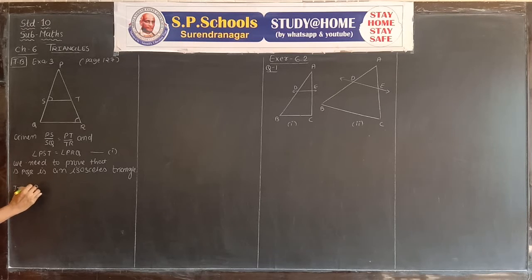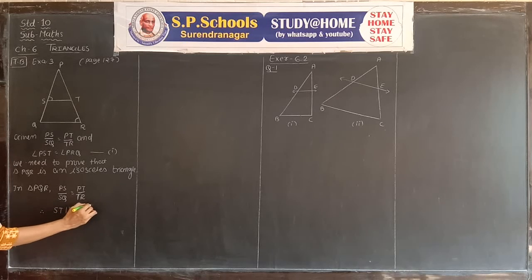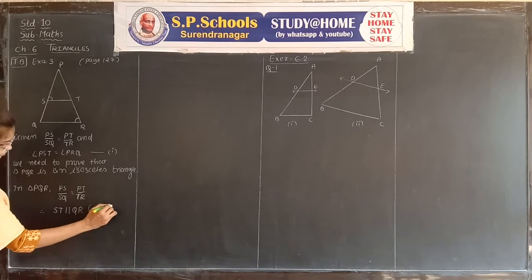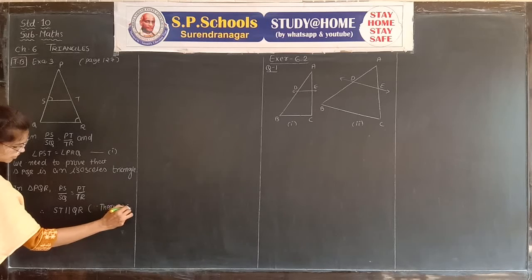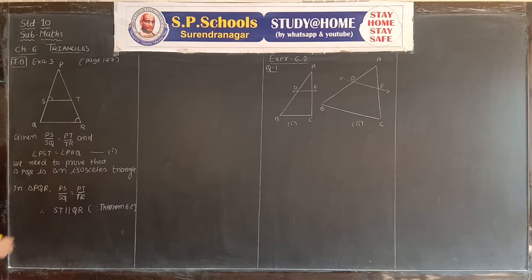In triangle PQR, PS upon SQ is equal to PT upon TR, so ST is parallel to QR because of theorem 6.2. That's why angle PST and angle PQR in triangles PST and PQR are the corresponding angles.